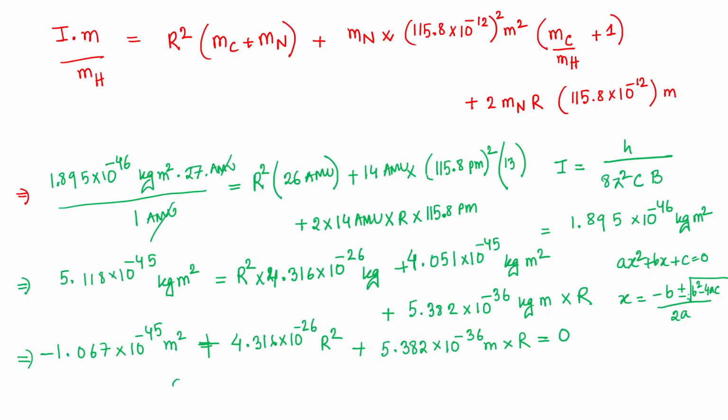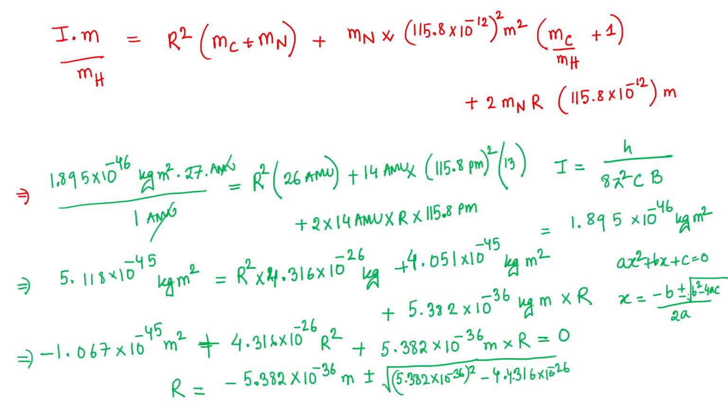So your R is minus B, which is minus 5.382 into 10 to the power minus 36 meter, plus or minus the square root of B square, that is 5.382 into 10 to the power minus 36 squared, minus 4AC. 4 into A is 4.316 into 10 to the power minus 26, and then minus this, so it will become plus, into 1.067 into 10 to the power minus 45.